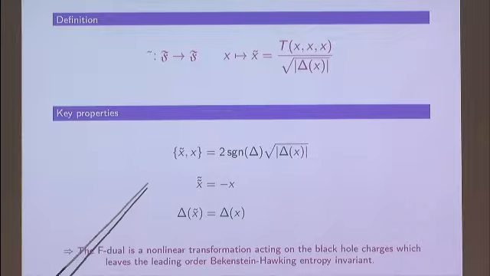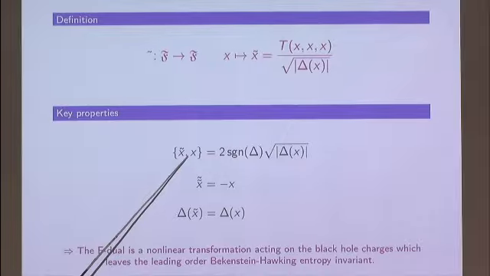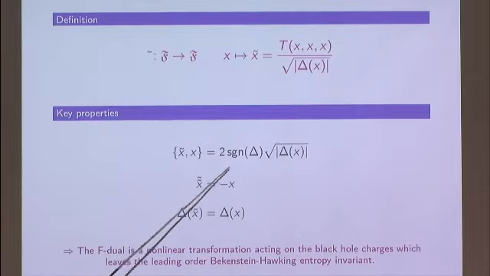If you compute the quadratic form of the dual with itself, you get the square root of delta. And if you take its tilde twice, you get minus x. And the other thing of interest is that the quartic form is invariant.